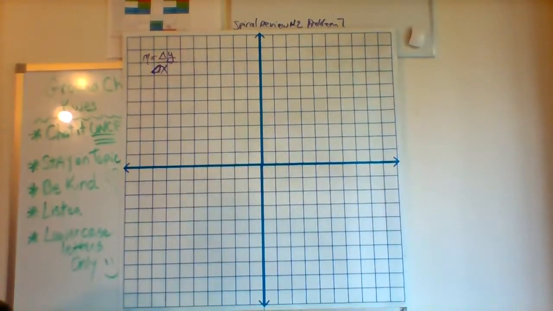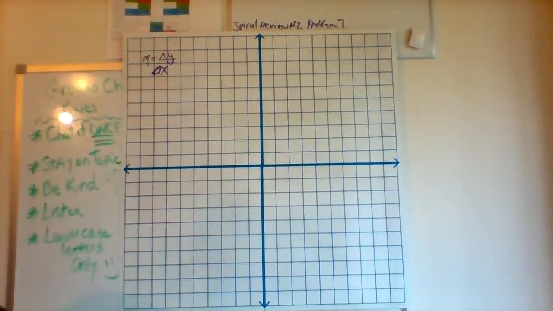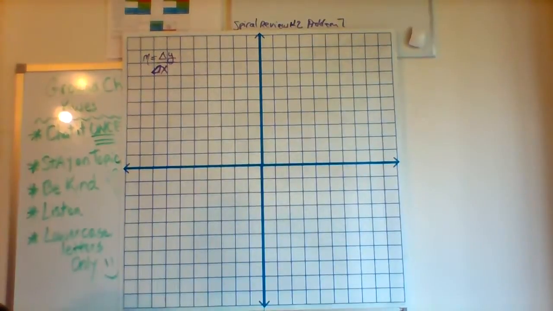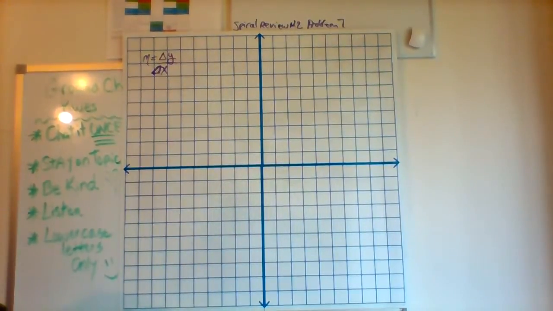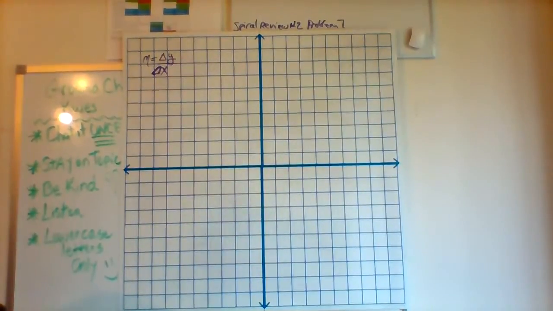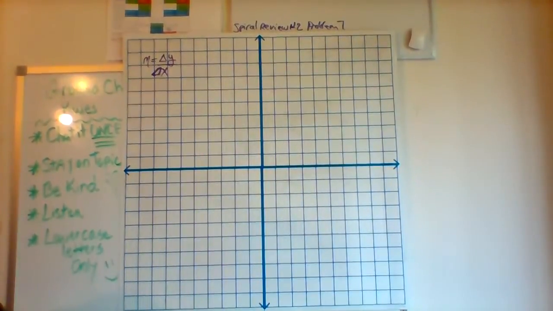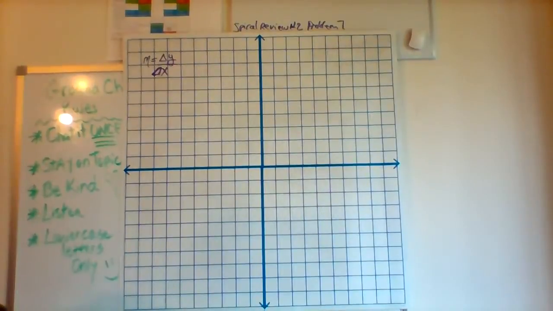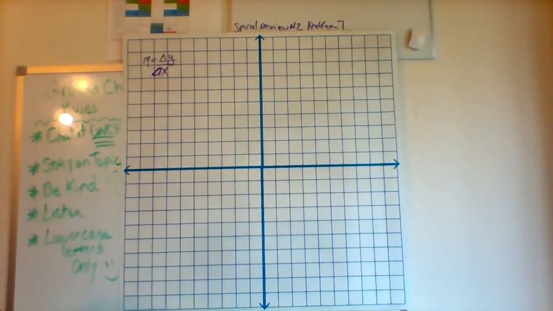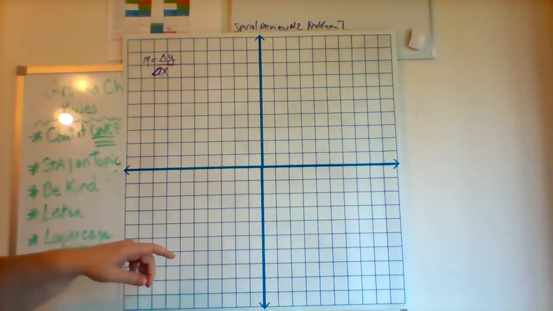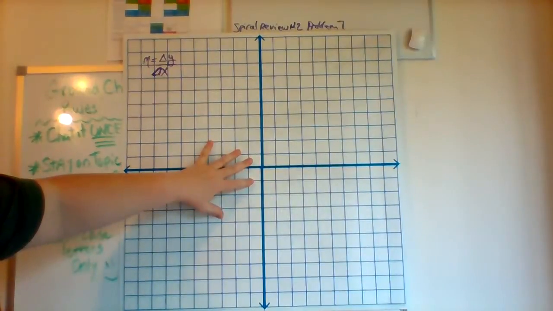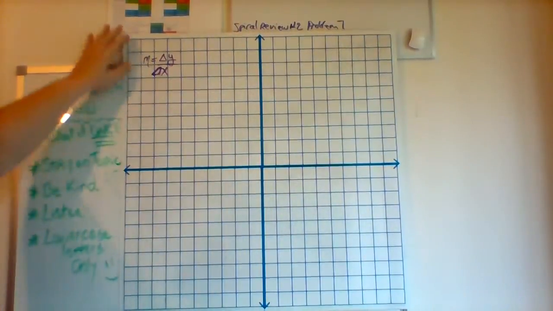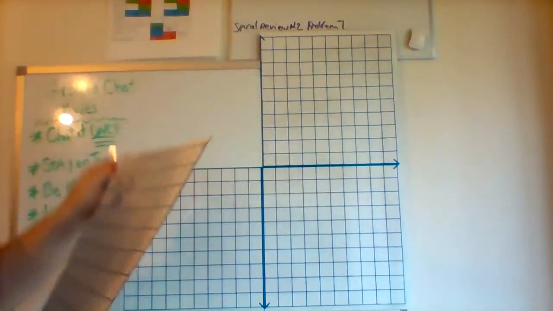So let's go to number 7. Okay. Now, the first thing I'm hoping that you notice is that the scale is different. They're only showing us, here, I'm going to take these off.